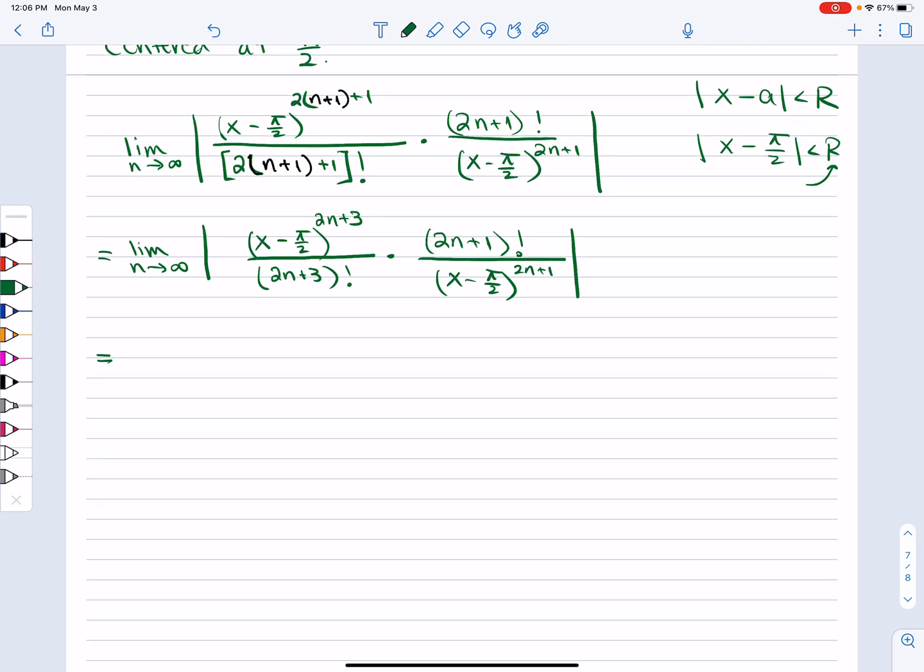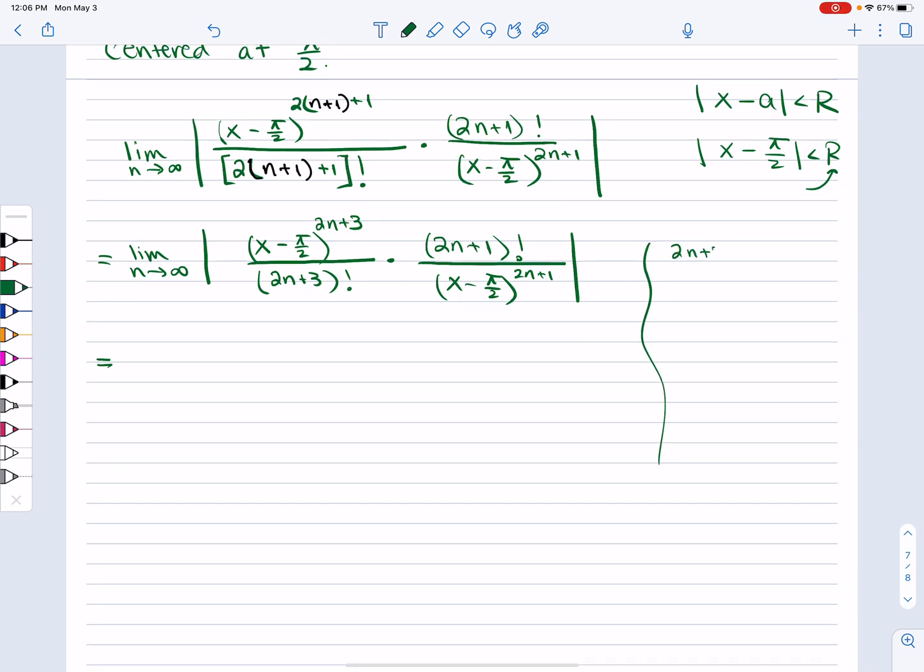We can simplify that. The 2n plus 3 factorial, I'm going to do that on the side. 2n plus 3 factorial is equal to 2n plus 3 times 2n plus 2 times 2n plus 1 factorial.